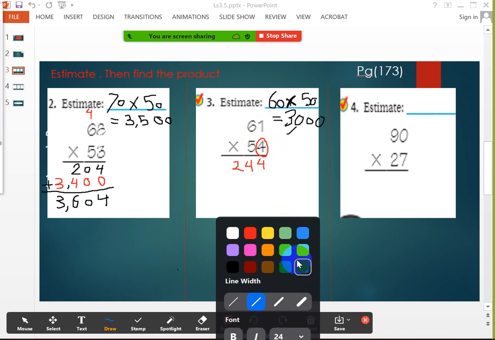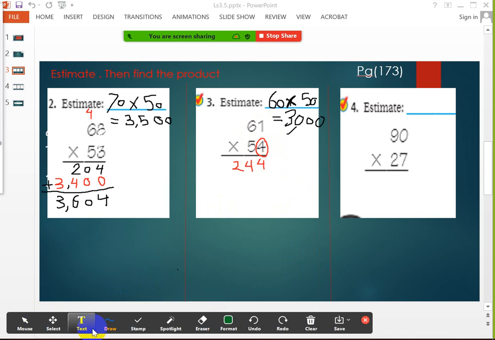Now the second step, I want to multiply the tens number with 61. The tens number 5 with 61. You know that the value of the 5 in the tens digit is what? The value is 50, right? This number is 50.